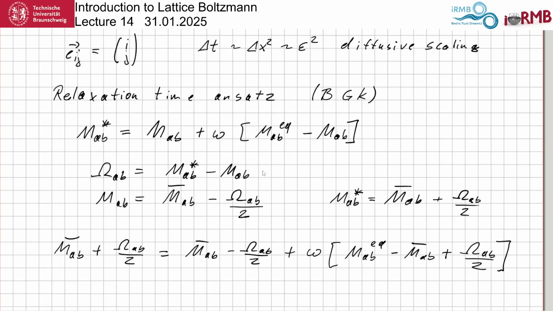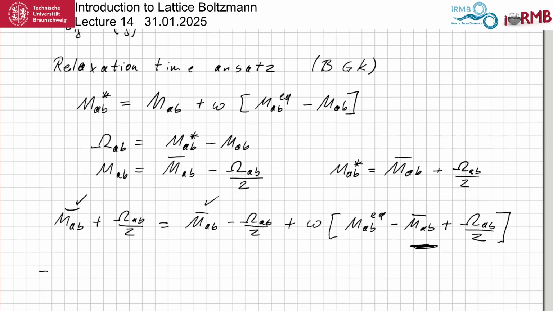Now what you obviously see is that we get rid of the guy which we actually want to have. We want to solve this for M_AB, but M_AB over bar disappears here, though we still have it here.